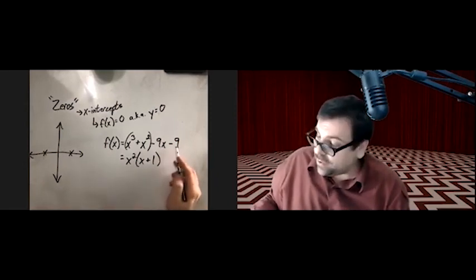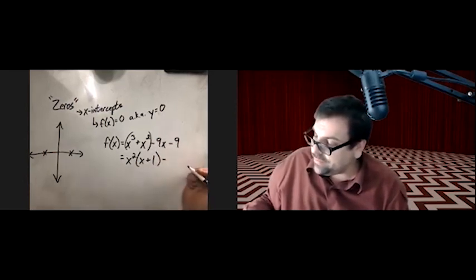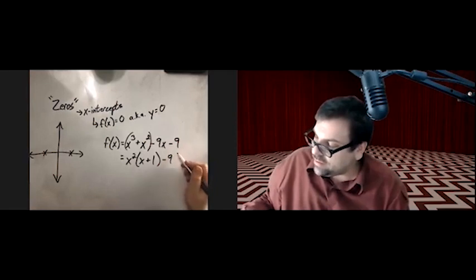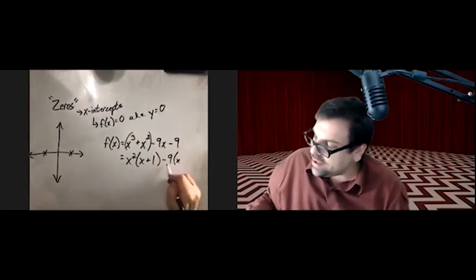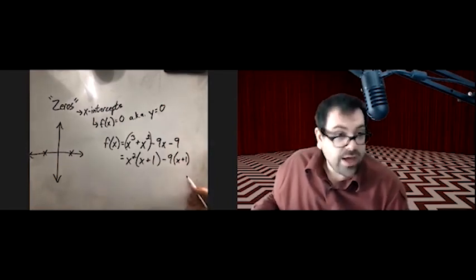Terms 3 and 4, since this is a minus, we have to factor out at least a negative. We can factor out a negative 9. We're left with negative 9 times x is negative 9x. Negative 9 times positive 1 is negative 9.